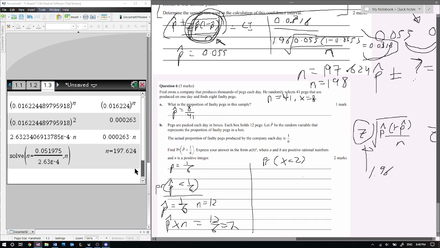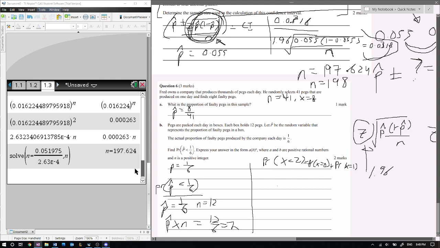Obviously you use the formula because you're doing this by hand, you don't have a calculator. And remembering, just to make it easier on us, P(X < 2) is the same as P(X = 0) plus P(X = 1).